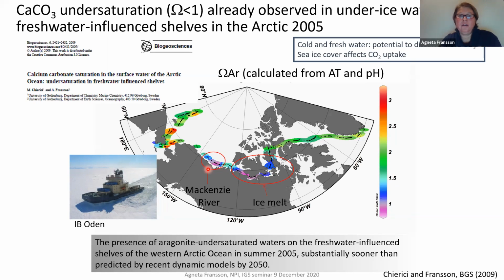And this is earlier than predicted by models, where they predicted this to happen in 2050. So this fresh water has a large impact on ocean acidification, and with colder and fresher water and less sea ice, it will also have the potential for more CO2 uptake in the Arctic.